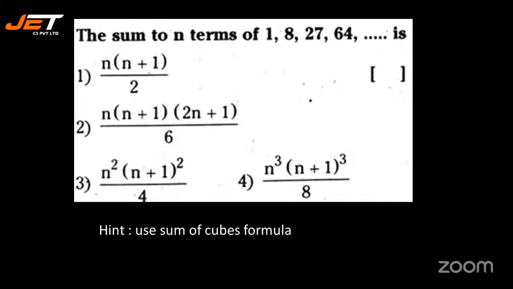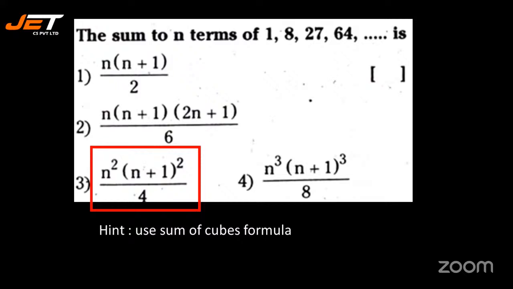The sum to n terms of 1, 8, 27, 64 and so on is dash. So what is the sum to n terms? It is n square into n plus 1 the whole square by 4.